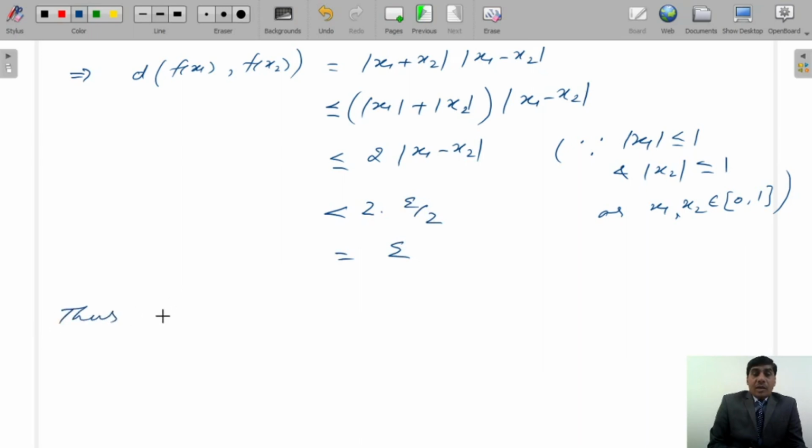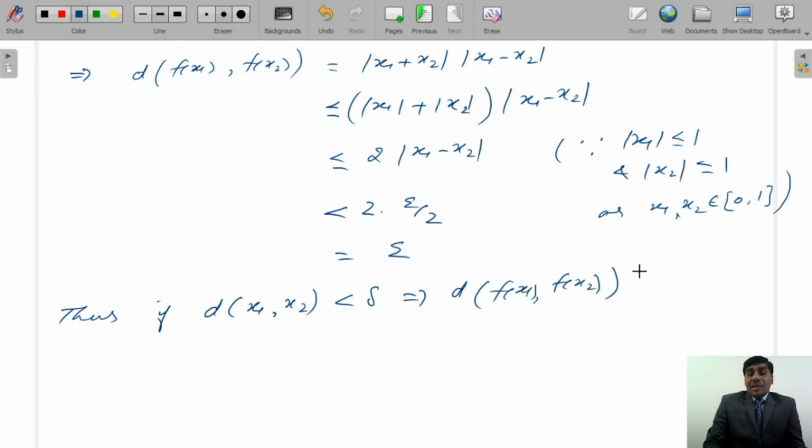Thus, if distance between x1, x2 is less than delta, this implies distance between f(x1), f(x2) is less than epsilon. Thus, f(x) is equal to x square is a uniform continuous function.